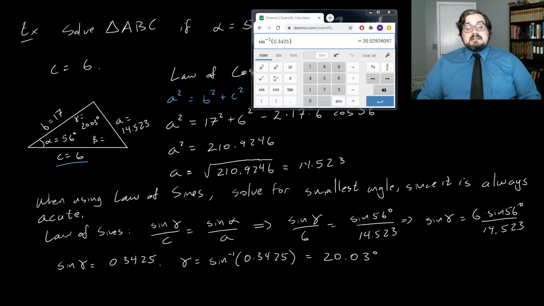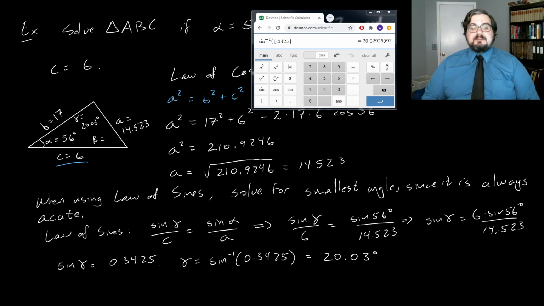And again, because that's opposite the shortest side of the triangle, it's the smallest angle, and therefore it must be acute. We don't have to consider the other angle that has this sine value. So we're almost done with the problem.